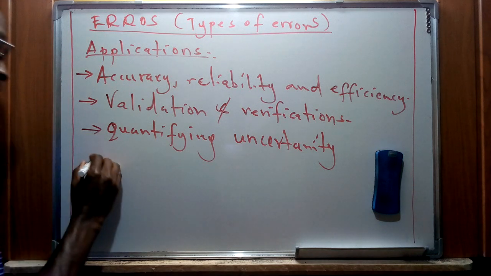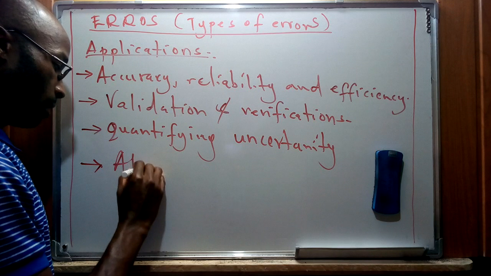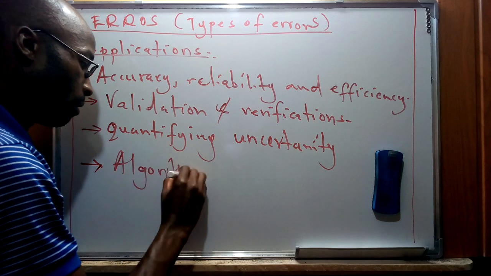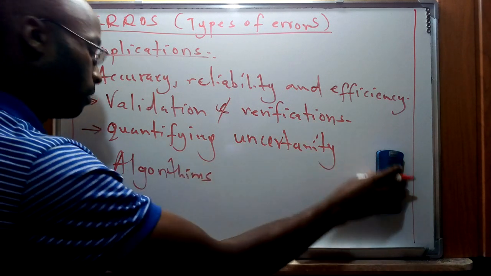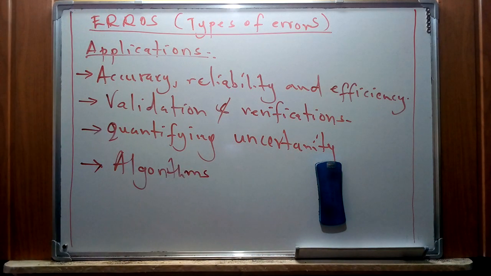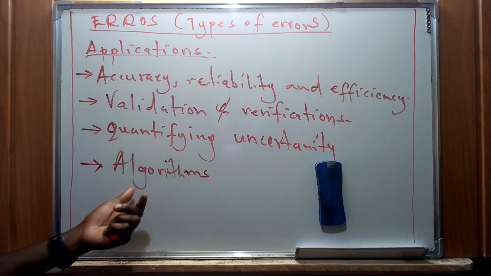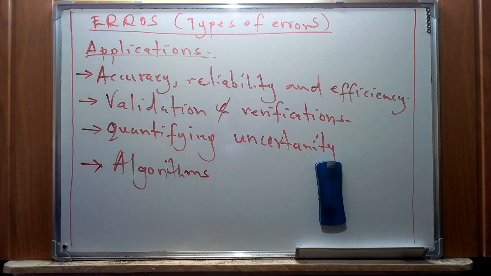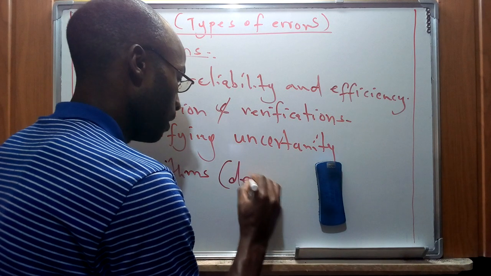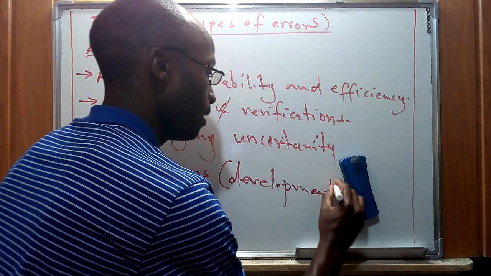And then next, we see that it's going to assist in informing the development of algorithms. These are instructions which are largely applicable in computer applications. So the concept of studying errors and error analysis is going to assist us in the development of these specific algorithms.